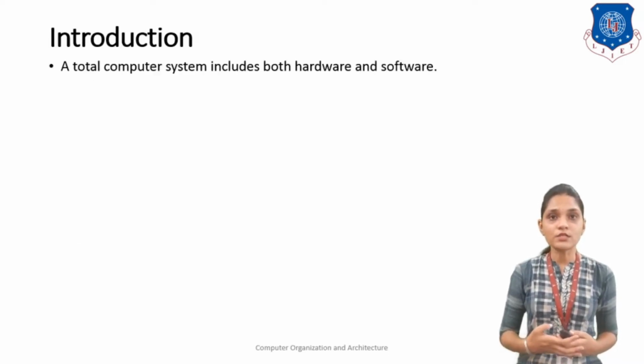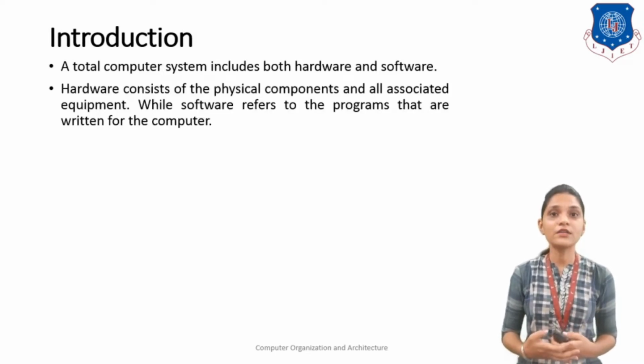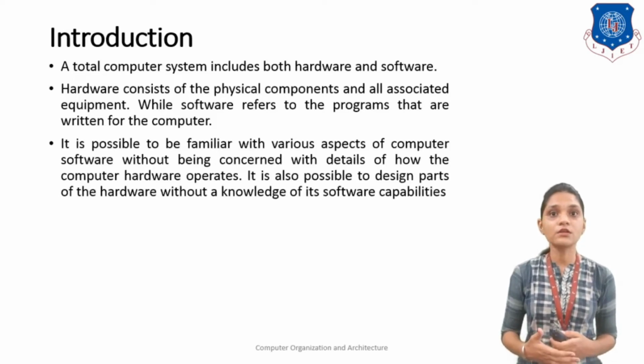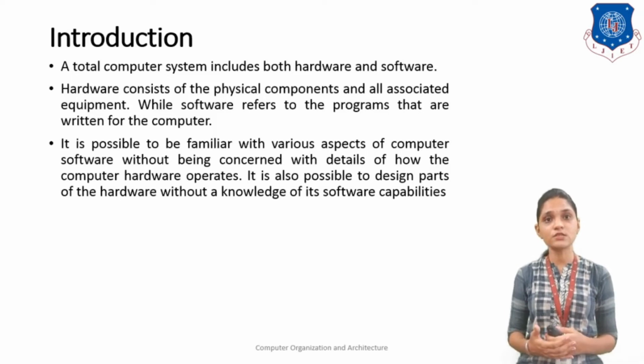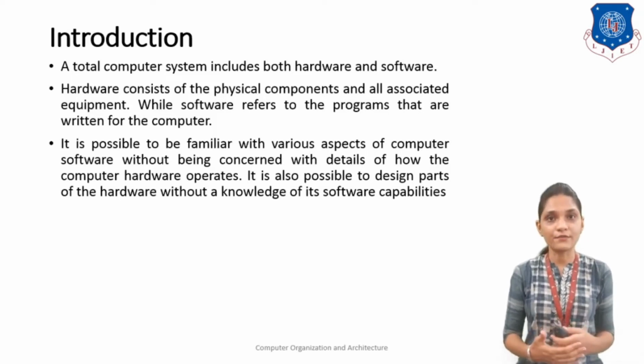A total computer system includes both of these things, hardware and software. Hardware consists of the physical components and all associated equipment, while software refers to the programs that are written for the computer. It is possible to be familiar with various aspects of computer software without being concerned with the details of how the computer hardware operates.